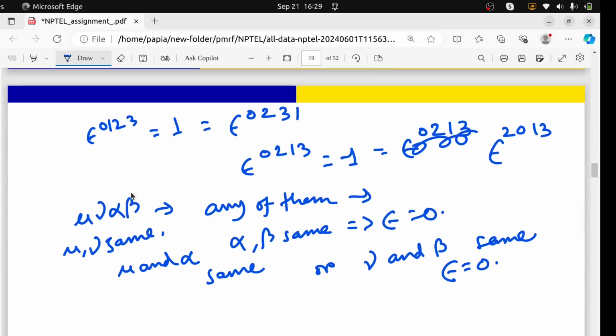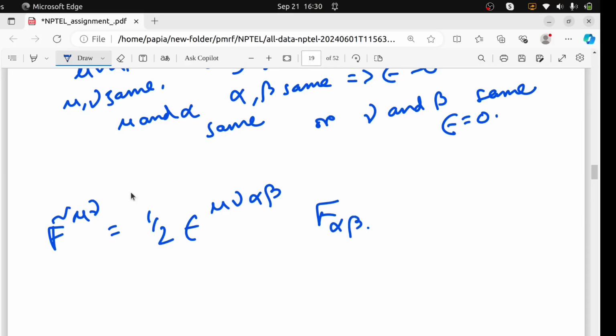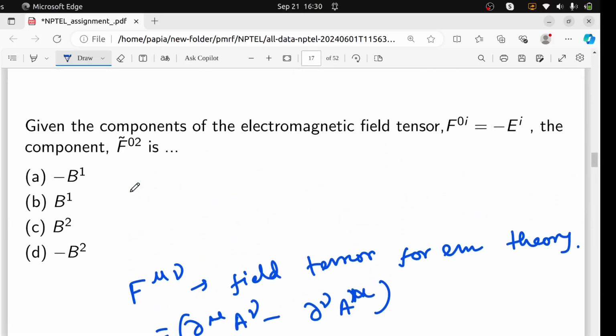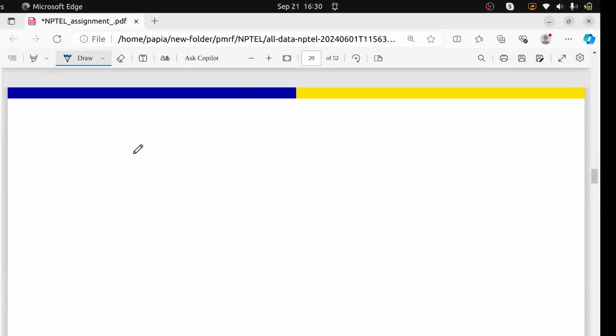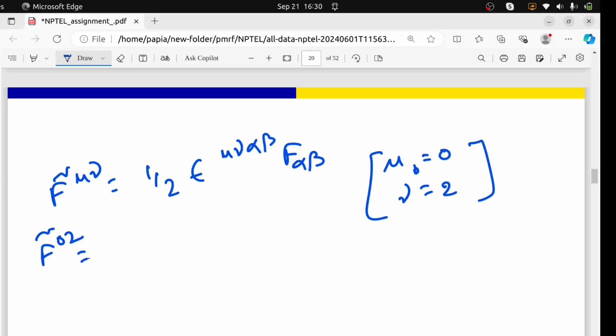So F mu nu tilde is half epsilon mu nu alpha beta F alpha beta, right? So in that question they were asking for F 0 2 tilde. So let me write here, mu equals 0 and nu equals 2. So half epsilon 0 2 alpha beta F alpha beta.